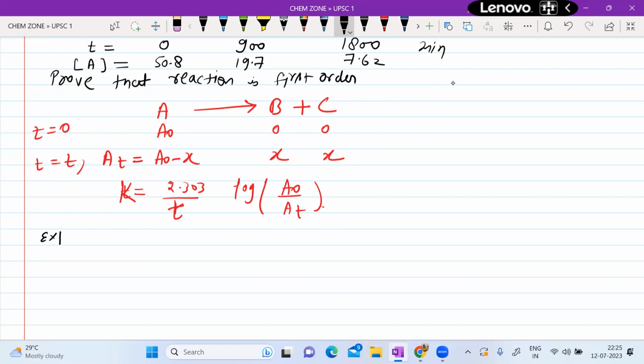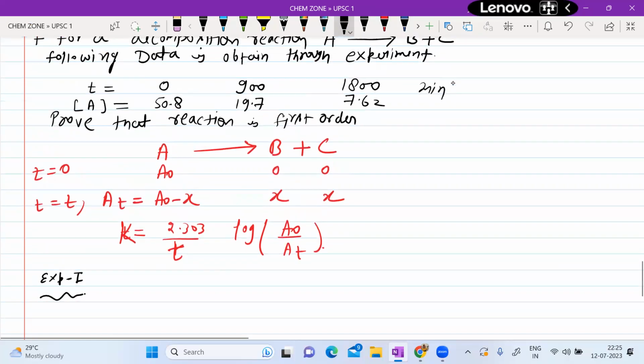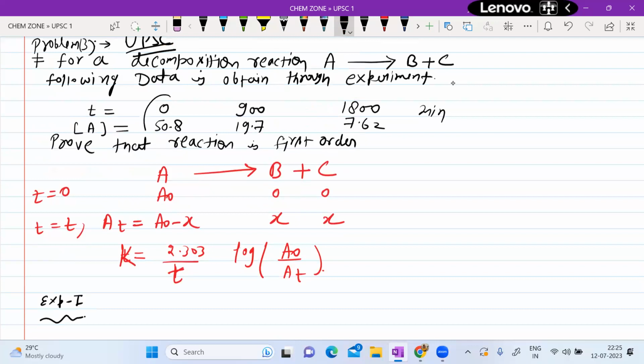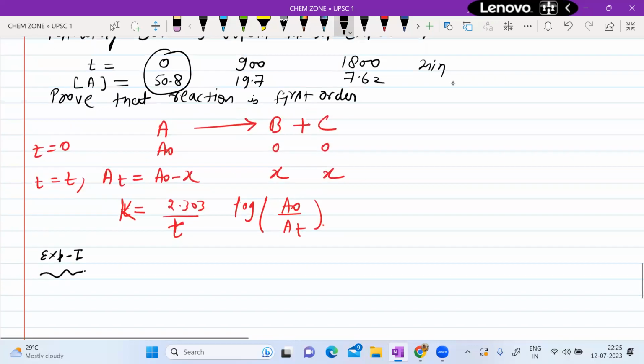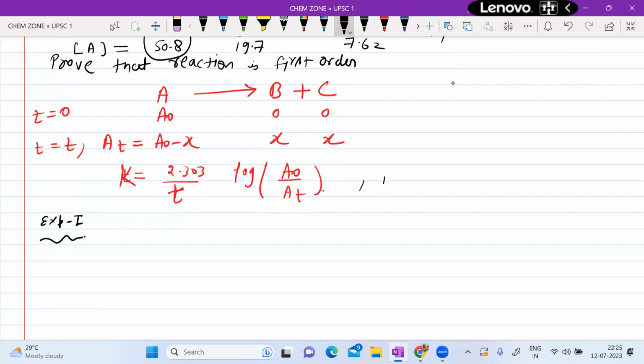Now, from experiment 1, one more thing is given to you, that at time 0, the concentration of A is 50.8. So from the data, the value of A naught will be 50.8.